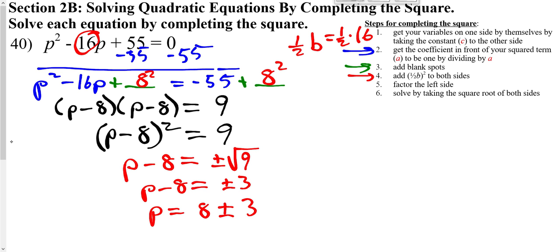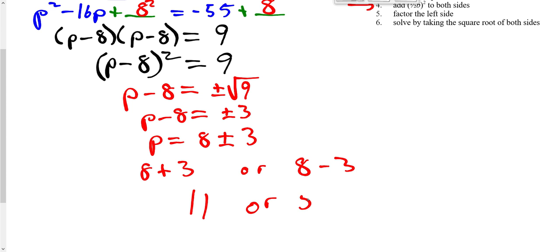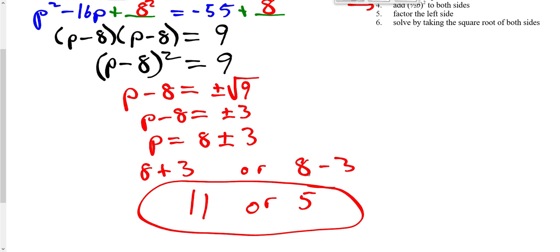Since these are both nice, neat numbers, I need to break it apart into the p plus 3, and then I have to look at my other answer, the p minus 3. Well, 8 plus 3 is 11. If I do 8 minus 3, I get 5. So I get my two answers of 11 and 5.